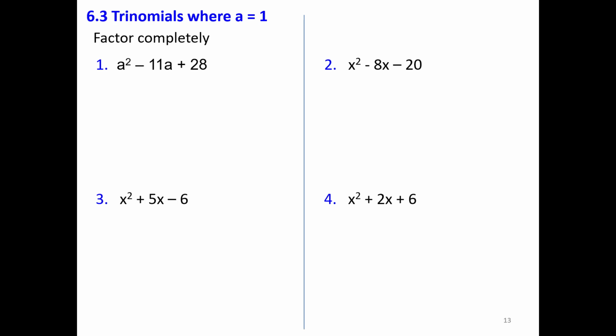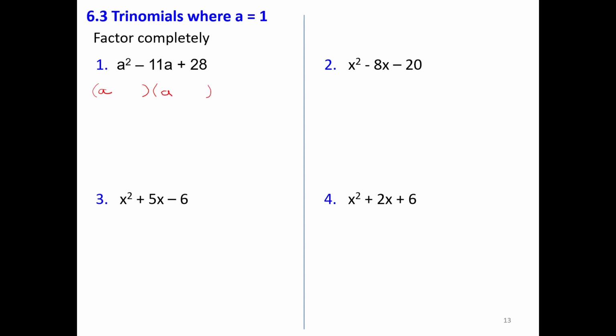Let's see. In this case, we need to find two numbers. If we multiply them, they equal 28, and if we add or subtract them, they equal negative 11. Because the first term is a squared, we need something like a here.